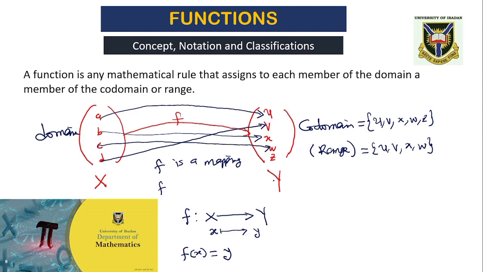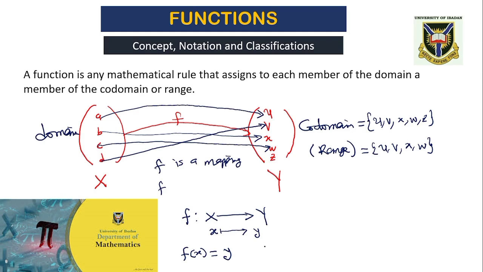The value of y is dependent on the values of x, because before you can have any member of y being generated, it depends on whatever you put into the function f. So these are some of the notations that we have.